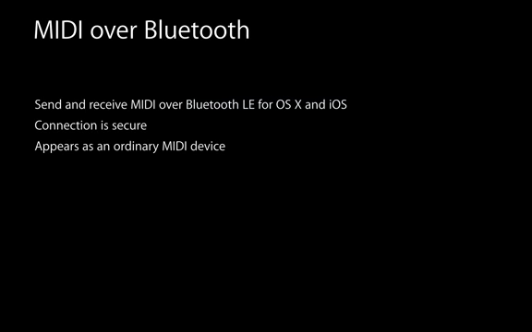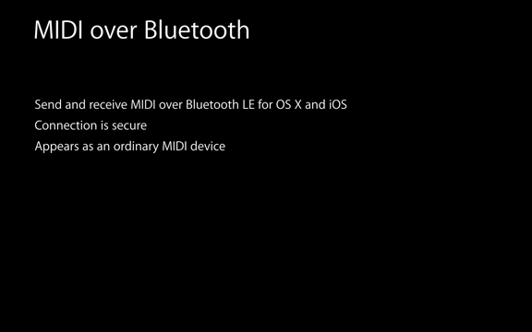So starting in iOS 8 and in macOS 10 Yosemite, you'll be able to send and receive MIDI data over Bluetooth low-energy connections on any device or Mac that has native Bluetooth low-energy support. The connection that you establish is secure, meaning that pairing is enforced. No one can connect to your devices without your explicit consent. And after the connection is established, it just appears as an ordinary MIDI device that any application that knows how to communicate with the MIDI device can talk to.